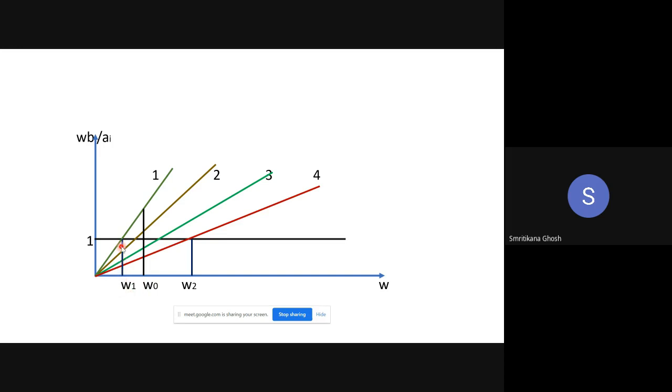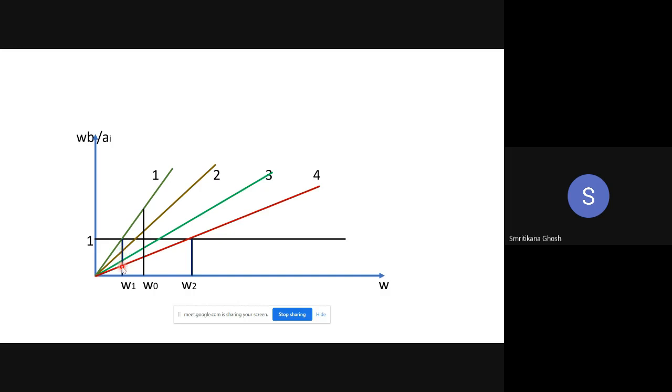If I make a vertical line from W1, it is intersecting the lines for commodities 2, 3, 4 below the ratio 1. And only for commodity 1, the ratio is equal to 1. The unit labor cost is equal for both the countries. But for 2, 3 and 4, the ratio is less than 1.